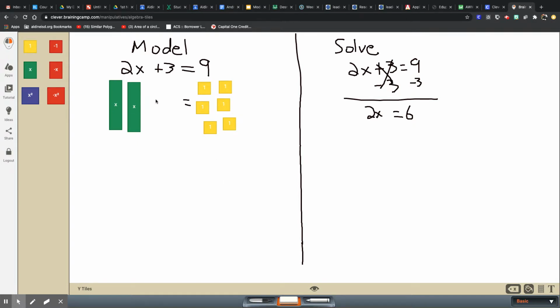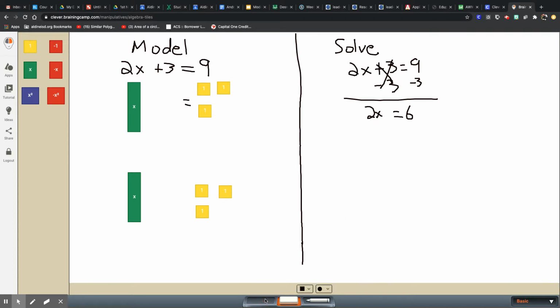I know that 2x is equal to 6, but I want to know what one of these x's is equal to. To do that, I'm going to divide. I'm going to group these yellow tiles to my green x tiles. So this x tile gets a yellow tile, this one gets a yellow tile, and so on, until each of the two x bars has three yellow tiles.